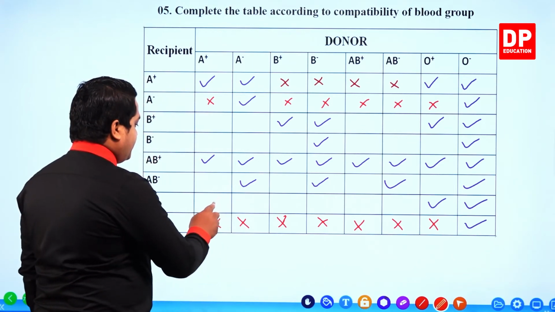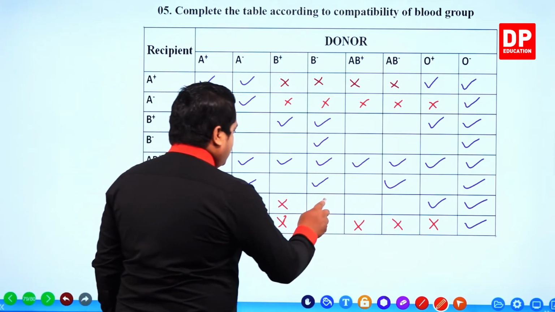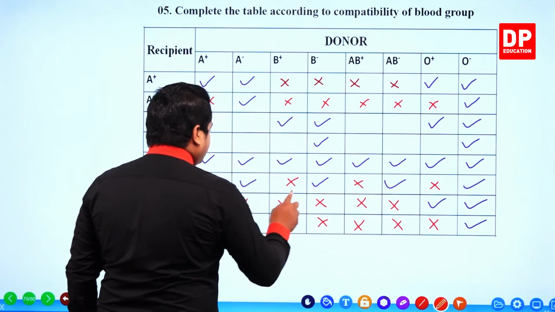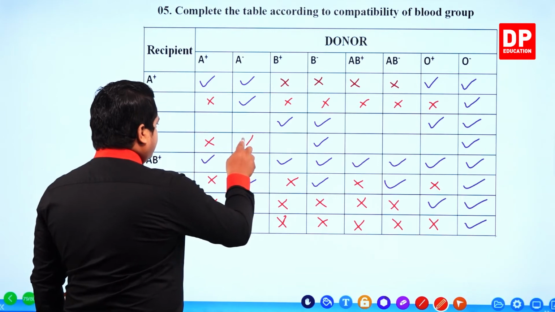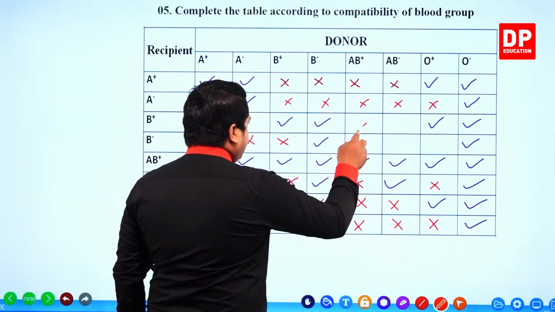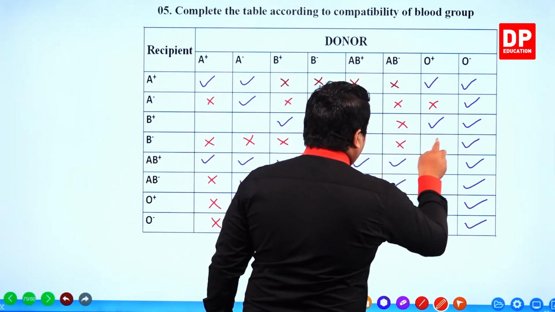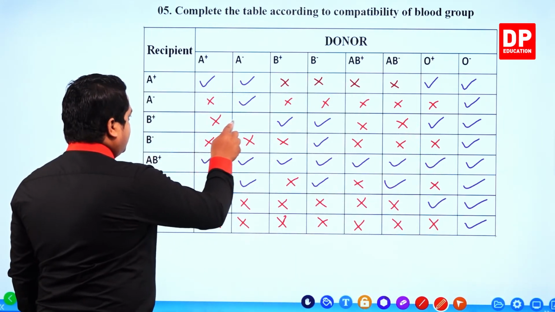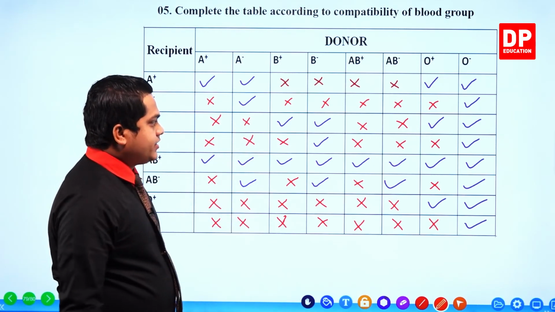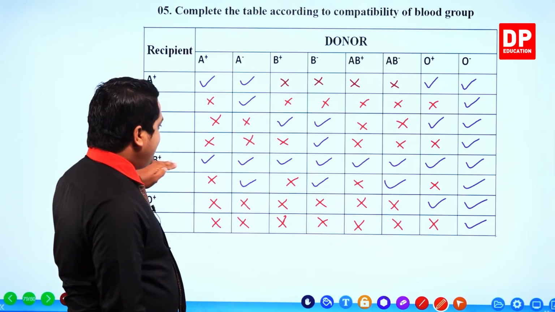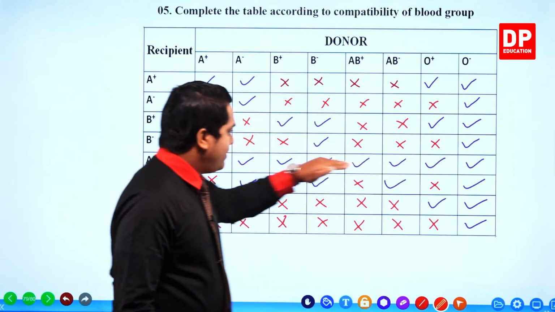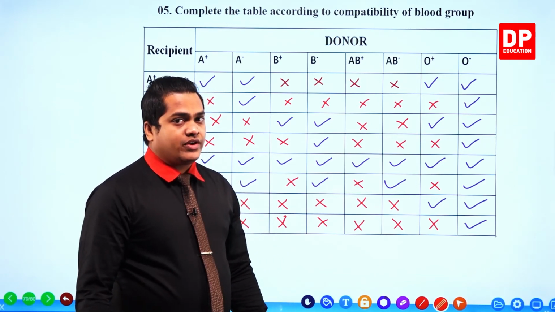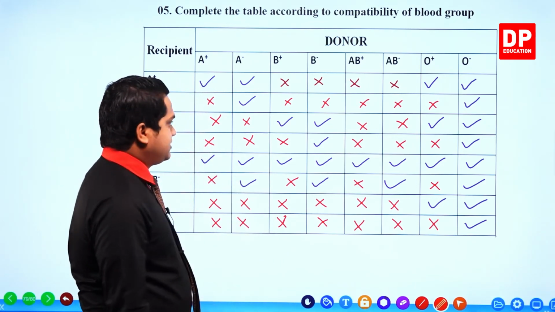Now we'll do the crosses. So these are all the compatible blood groups, my dear children. Here AB plus can receive blood from any of these donors.